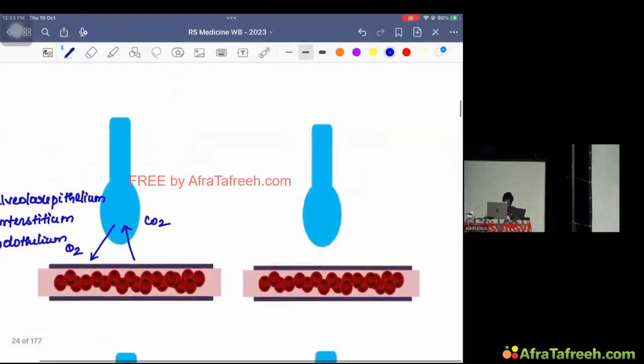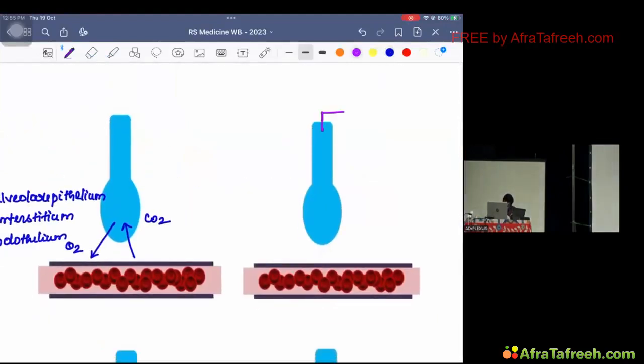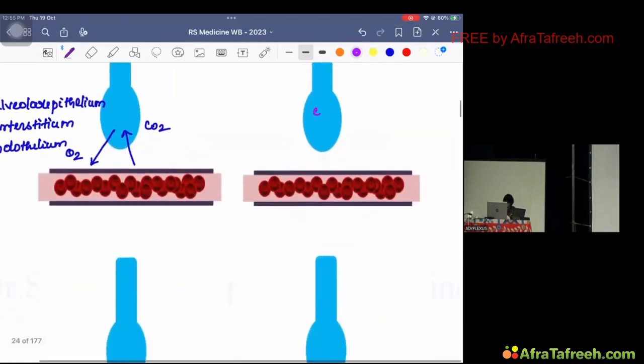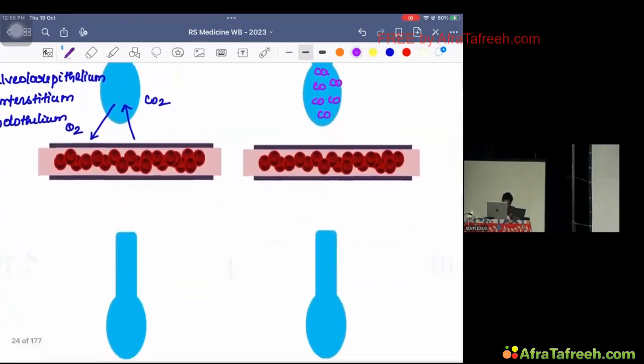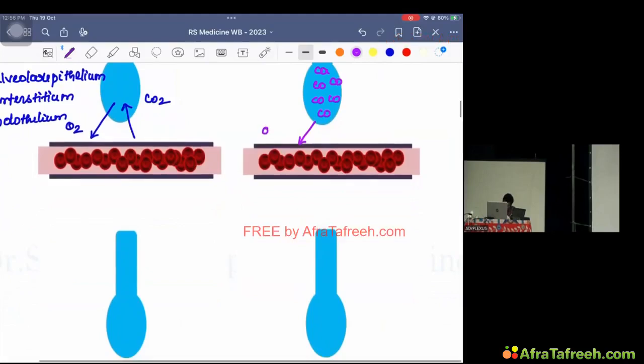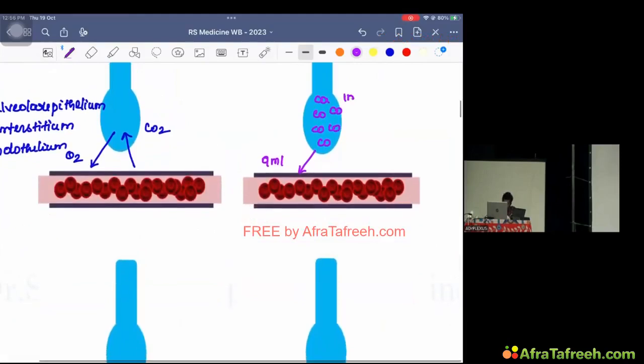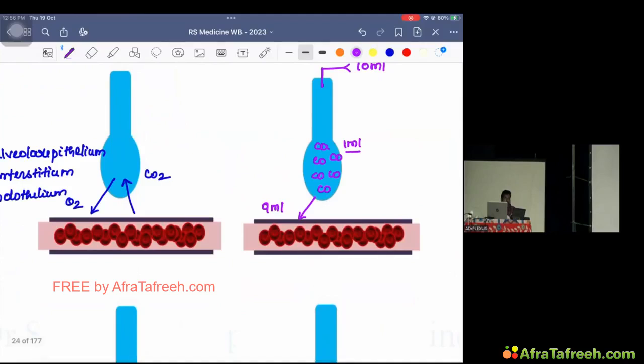For example, if I give you 10 ml of carbon monoxide, out of this 9 ml is going to bind to the RBCs, and the remaining 1 ml will be expelled out.